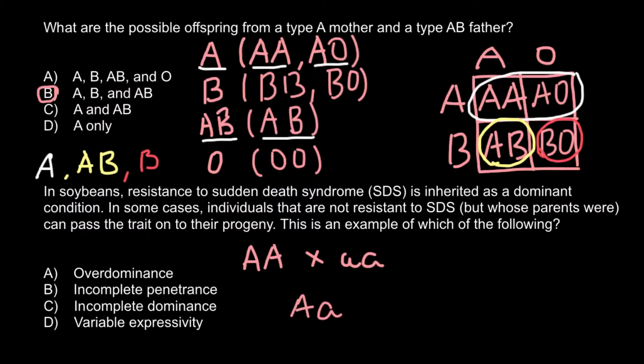If, for example, these were genotypes of plants, and genotype capital A, capital A would stand for small plants, small a, small a also would stand for small plants, and the progeny, capital A, small a, would make large plants. So we can say that the hybrid here would have something that we call hybrid vigor.